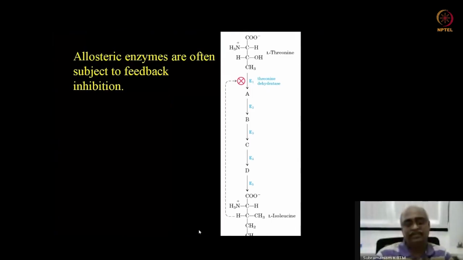Okay, I keep telling this, glucose getting converted to pyruvate through a series of steps. So this is what you are seeing here. This is an amino acid biosynthesis, threonine becoming isoleucine through these intermediates, and each step is catalyzed by one enzyme.